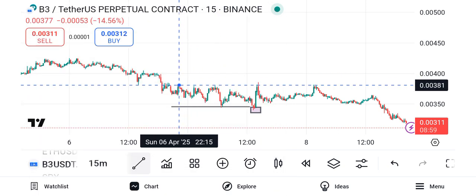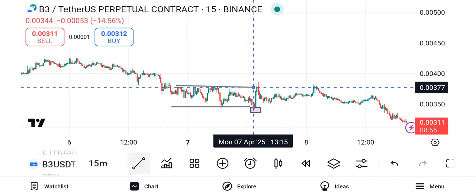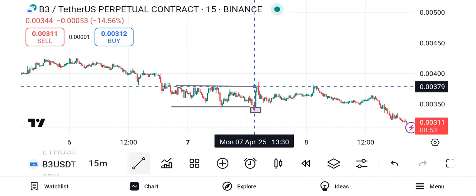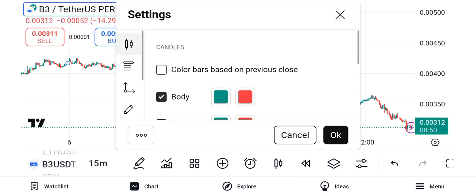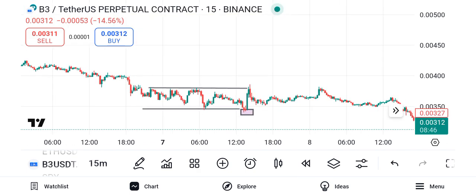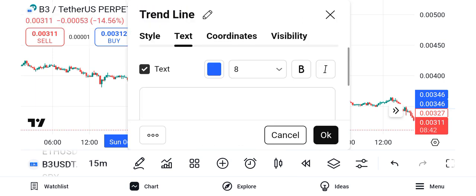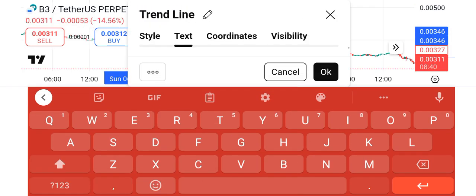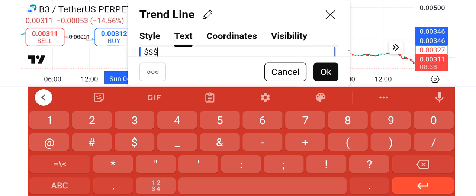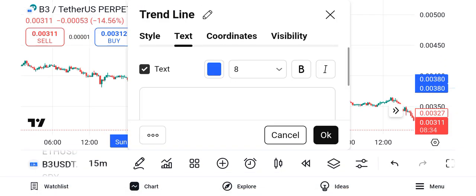To take out the buy side liquidity. Can you see what I'm doing here? This is liquidity. And this is also liquidity.